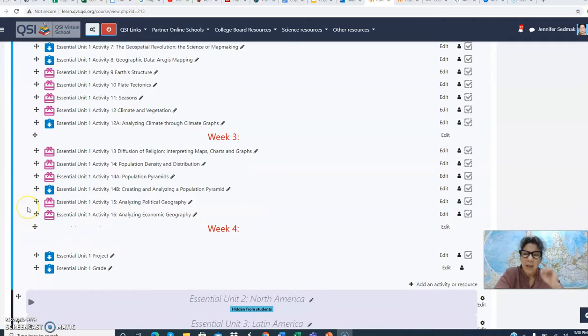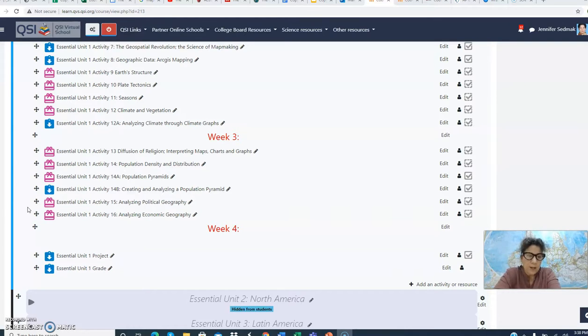And then last week, we took a look at some more human features related to the geography of the Earth, using maps and charts and graphs to look at diffusion of religion, looking at population and how to create population pyramids and how you can learn features of populations based on the structure of the pyramids. Then finally, we got into some political and economic geography.